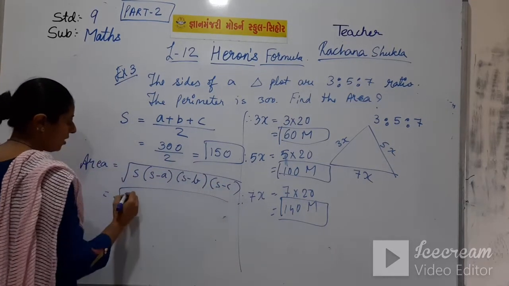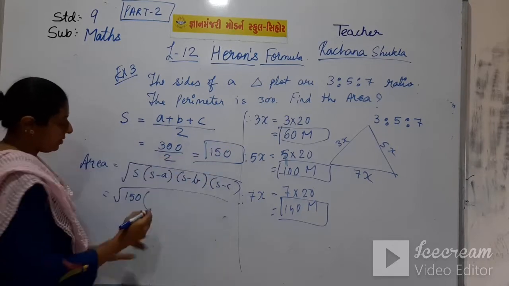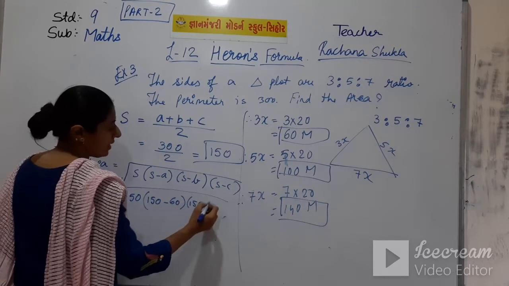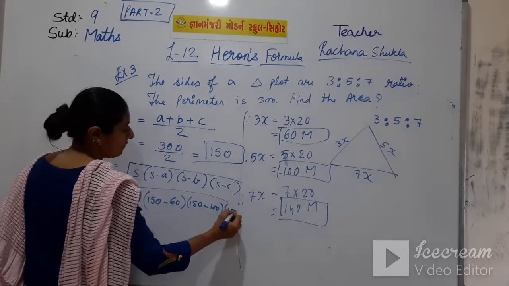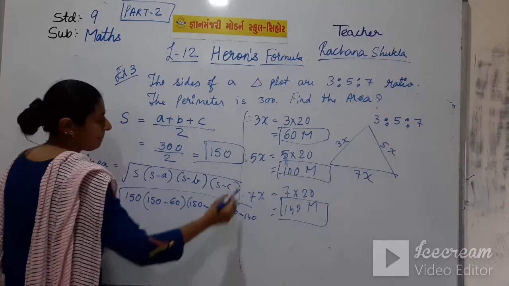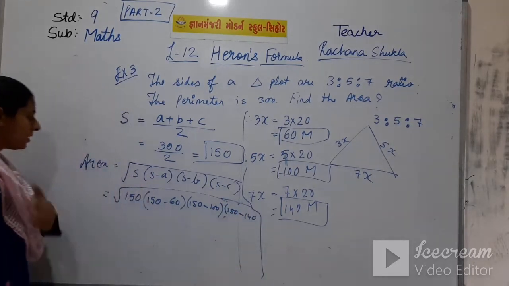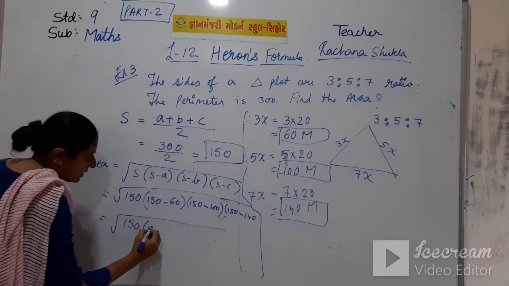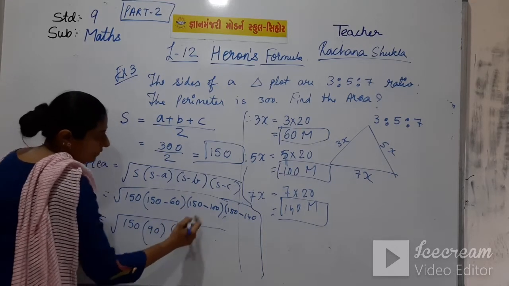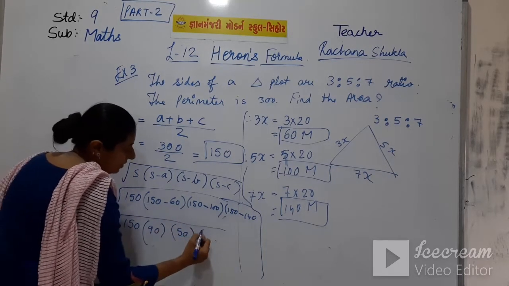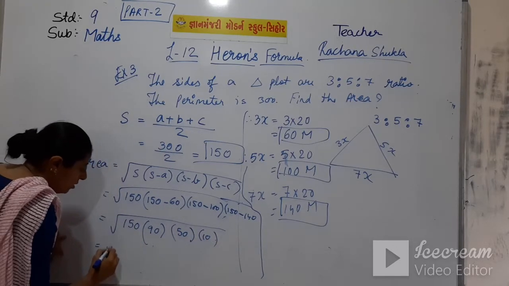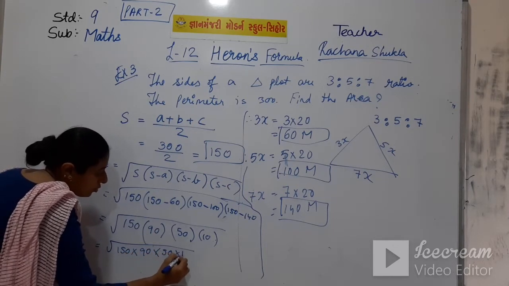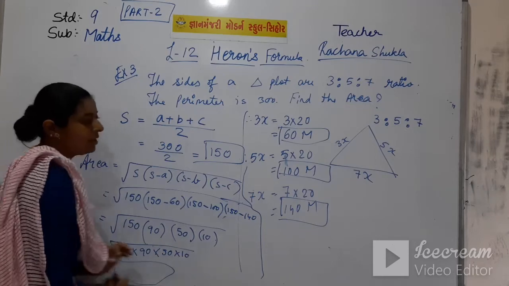Our s is 150, and in the brackets 150 minus 60, 150 minus 100 and 150 minus 140. Solving the brackets, 150 minus 60 is 90, 150 minus 100 is 50, and then 10. You have to multiply these things and find the root. You will do that by yourself.